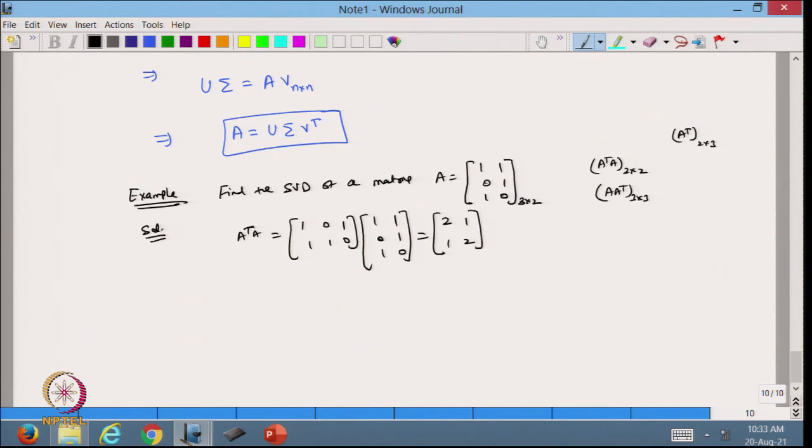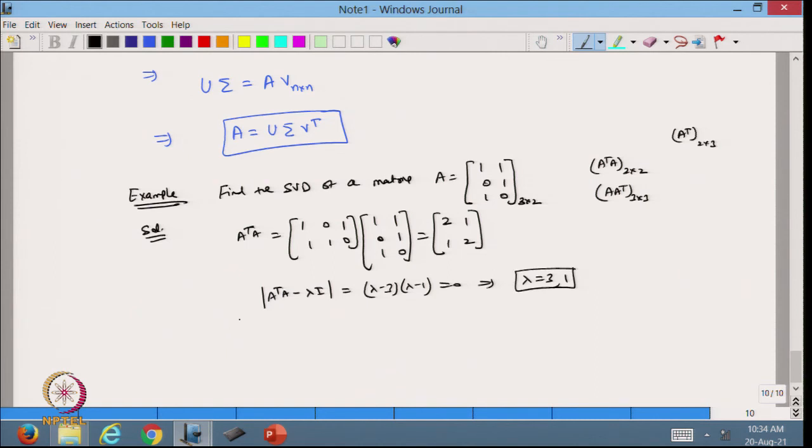If I find the eigenvalues of this, A transpose A minus lambda I gives me lambda minus 3 into lambda minus 1 equal to 0. So, this gives me eigenvalues 3 and 1.